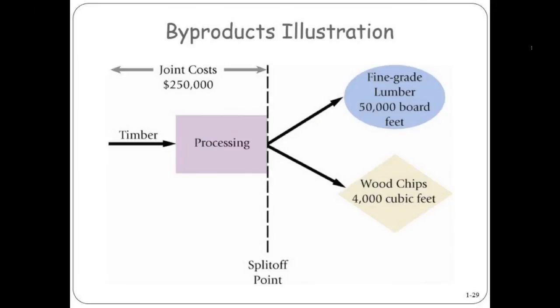Byproducts. So you do a process, you create one product and you create a byproduct, wood chips. Notice they have, among other things, different ways of measurement. You're measuring this by board feet, and you're measuring this by just cubic feet of a pile of chips.